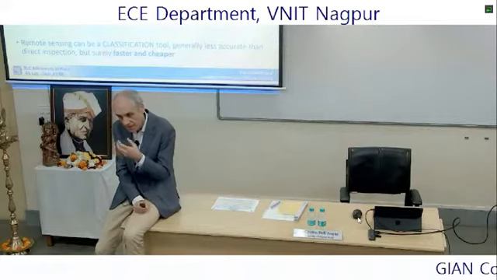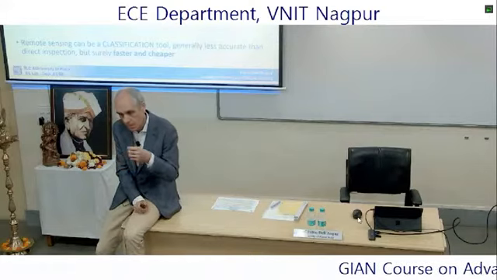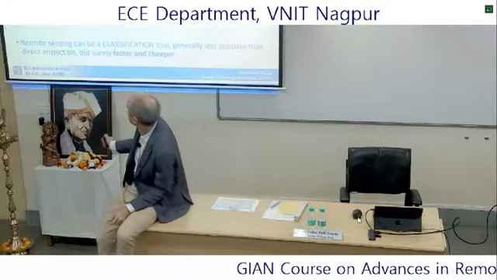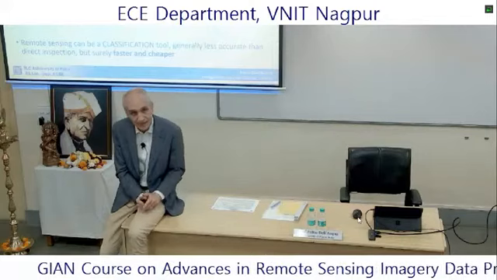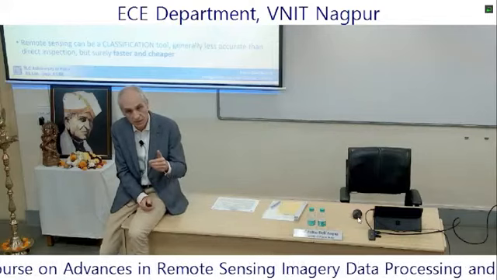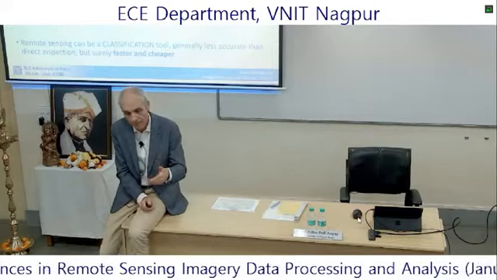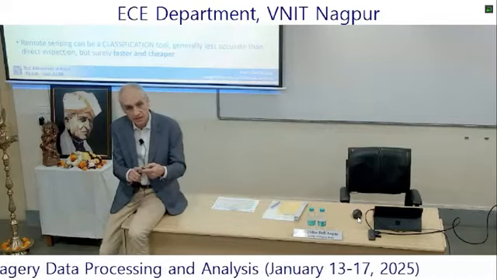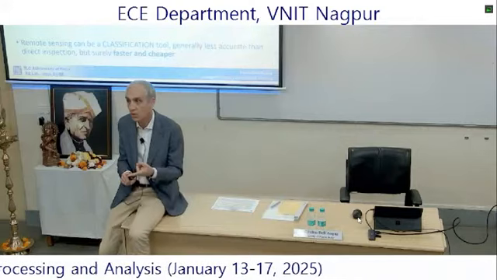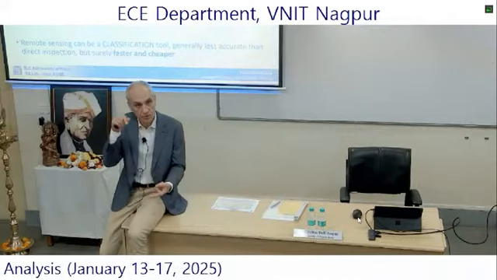Let me say it in another way. It is easier to get to land cover because land cover, the physical cover of the land that you're observing, is directly linked to the response that you get when you observe it.